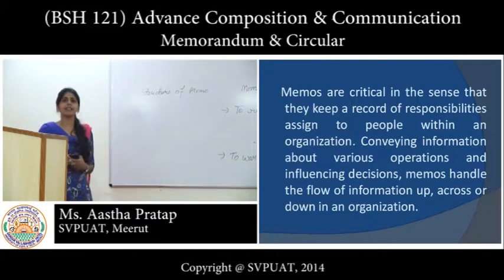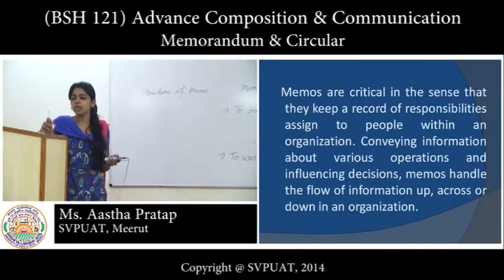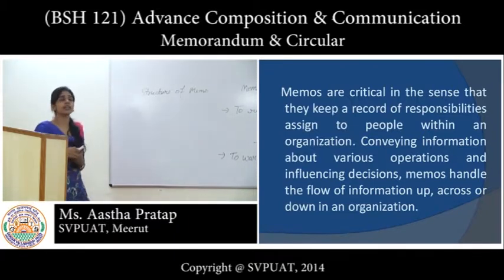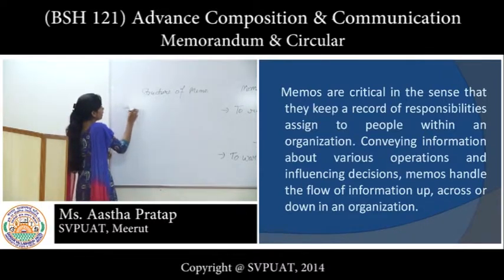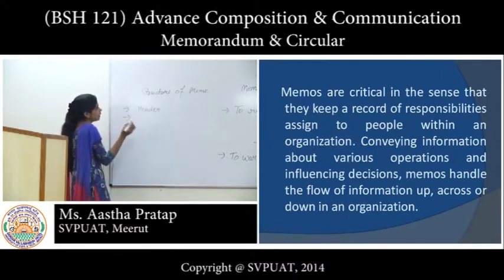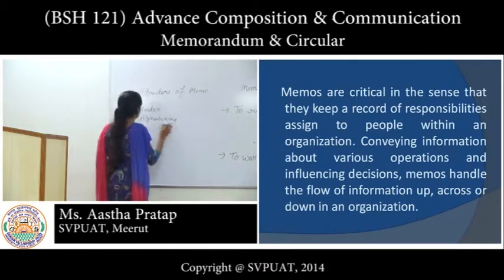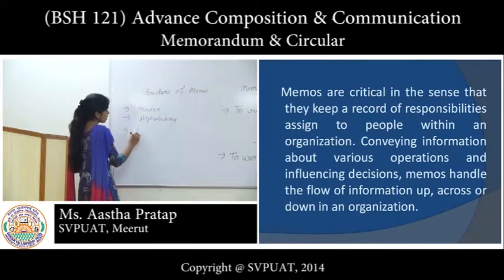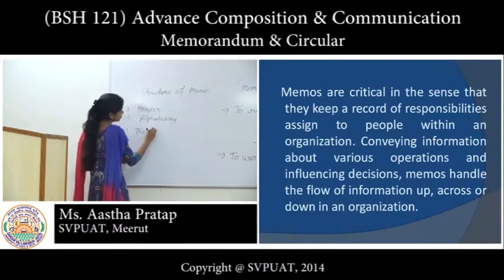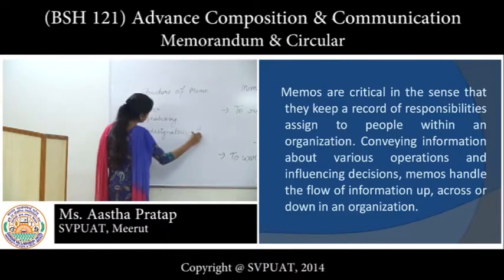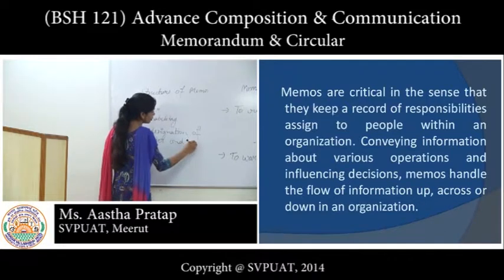A memorandum is written somewhat like a report. It includes some points like reports. The points are header, then alphabetical tag, then the designation of sender and receiver.